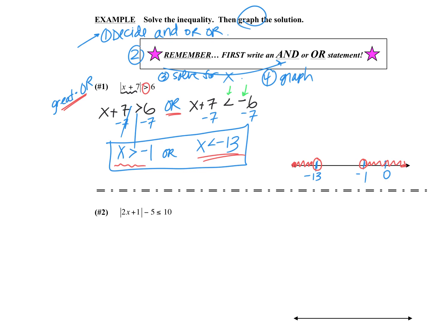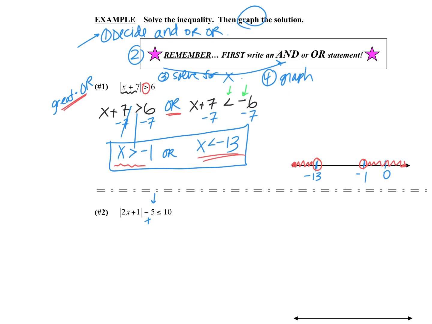Last example, actually. What's different on number 2? Hopefully you're telling me that the absolute value isn't alone. So this has the same rules as before, where if my absolute value sign isn't alone, I need to make it alone. So the first thing I have to do is get rid of this 5.